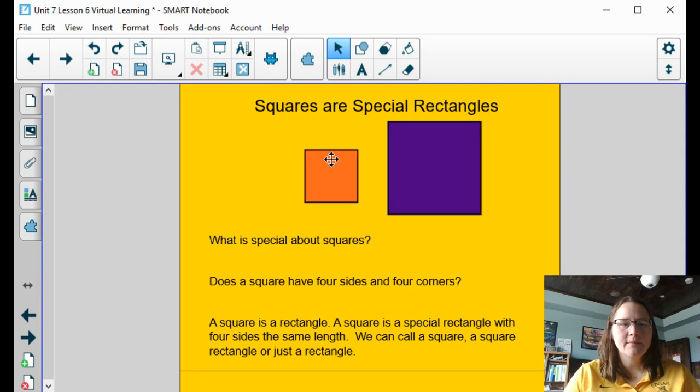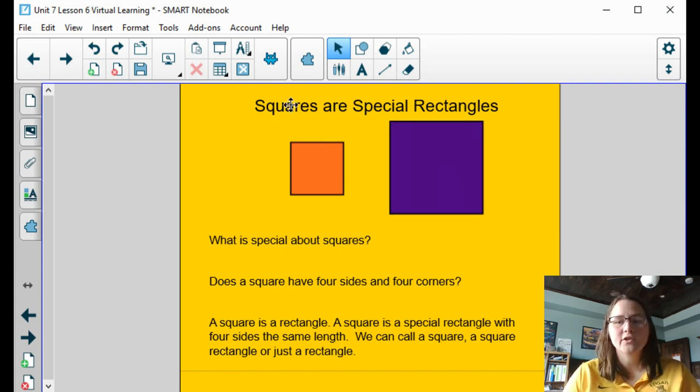Squares. So right here, Miss Tatsky has this orange square and a purple square. Squares are special rectangles. What is so special about squares, you might wonder? Well, just like rectangles, they have one, two, three, four sides. They have one, two, three, four corners.